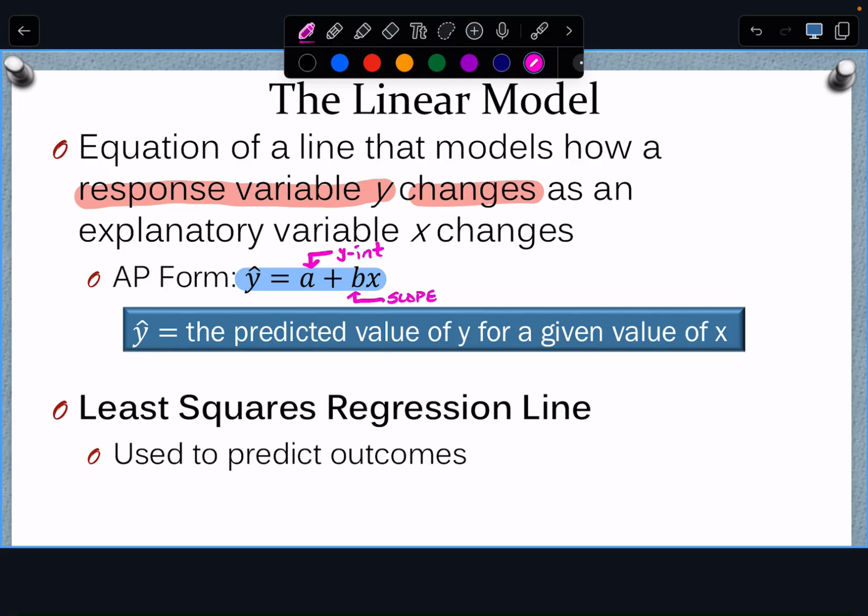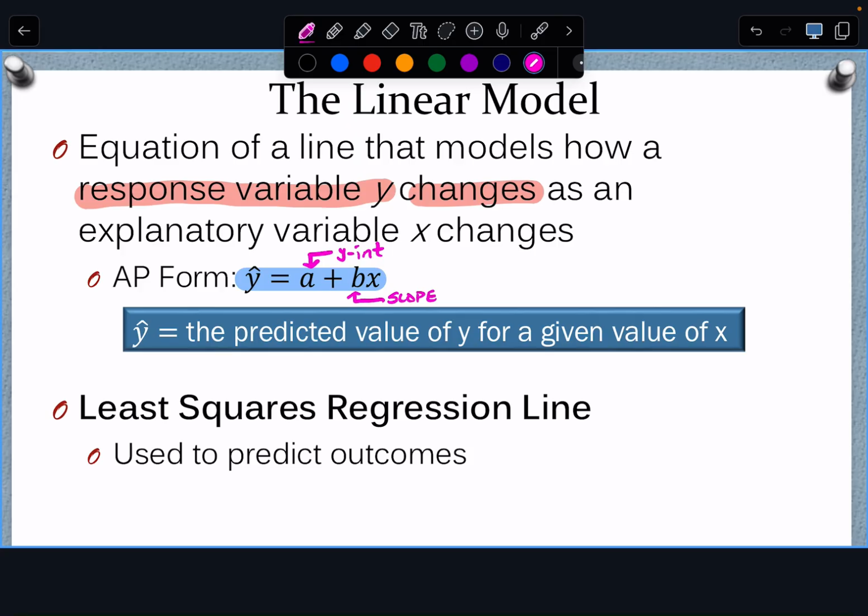Understanding what the two different parts of this equation are, and knowing how to interpret them, is what we're going to primarily focus on today. We'll talk about how to calculate the y-intercept and the slope tomorrow. For today, it's just understanding where they are in the equation and what they actually mean for the problem.